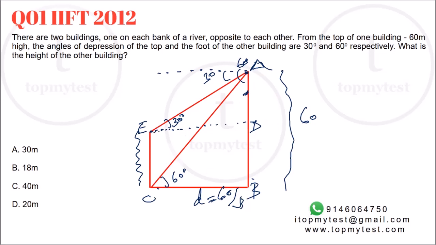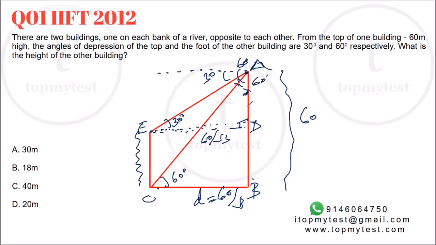Right. Now the parallel line is there, so this will also be a right angle triangle. So ED will also be equal to 60 by root 3. Now in triangle ADE, angle A will be 60 degrees because this is 30 degrees and this is the right angle.